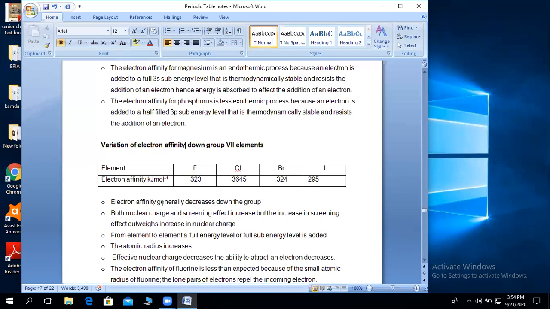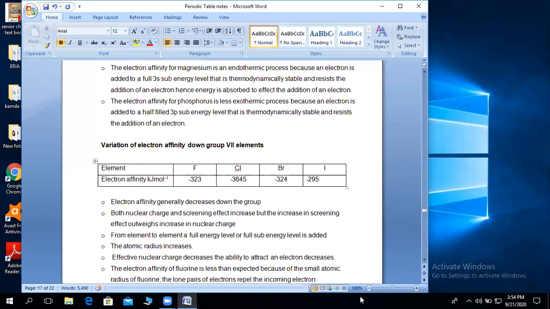Remember, as you go down the group from one atom to another, from chlorine to bromine, there is an extra energy level that is added.